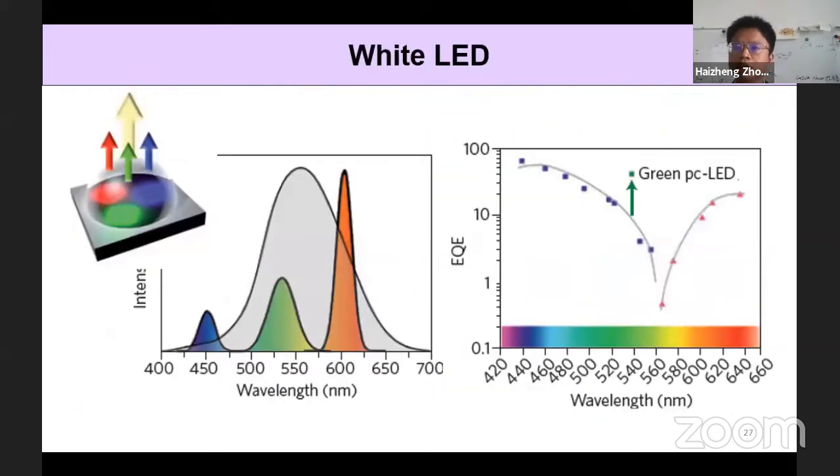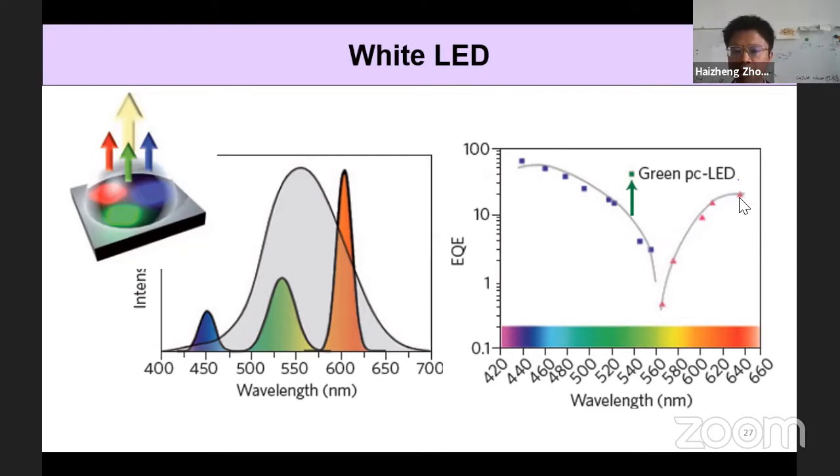For blue light, the efficiency is quite high. However, there is a gap for the others. For green light, the efficiency of inorganic light-emitting diodes is only 10%, which lacks counterparts of the blue and red ones.